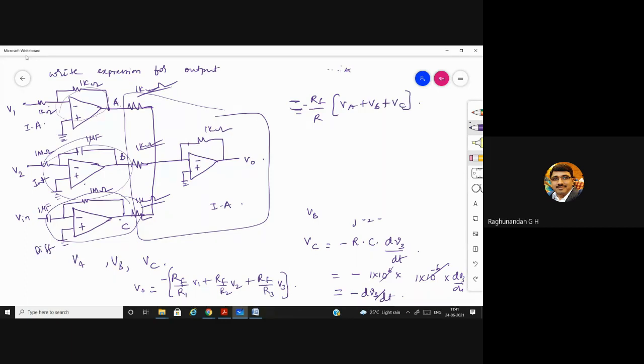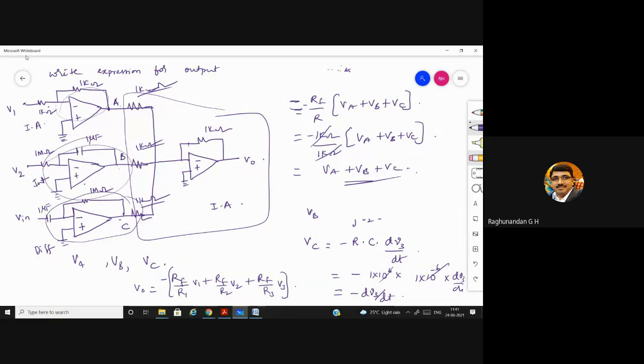So that is equal to 1 kilo ohm by 1 kilo ohm into VA plus VB plus VC. It will cancel out each other, and the remaining thing is VA plus VB plus VC. Now we can substitute the VA values.